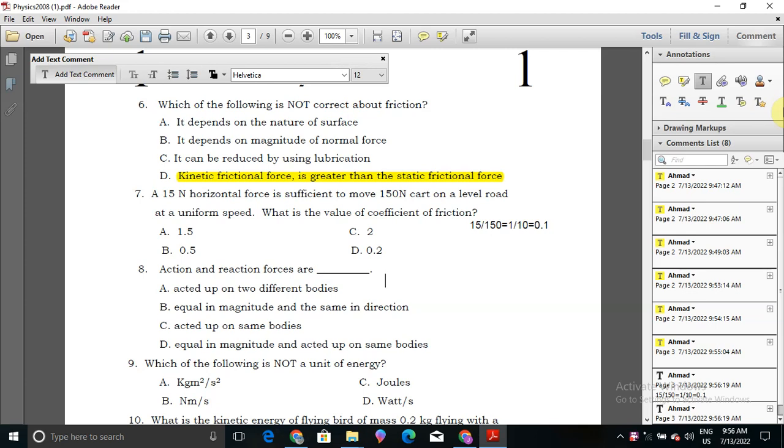So we have only two choices, A and B. Choice B says equal in magnitude and the same in direction. No, it's not correct. So the only choice here is choice A: action and reaction forces act on two different bodies. So the correct answer for question number 8 is A, acted upon two different bodies.